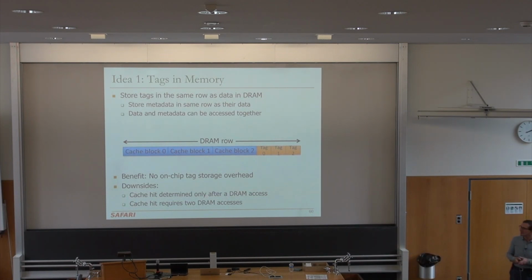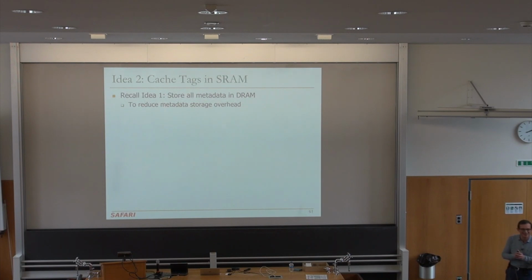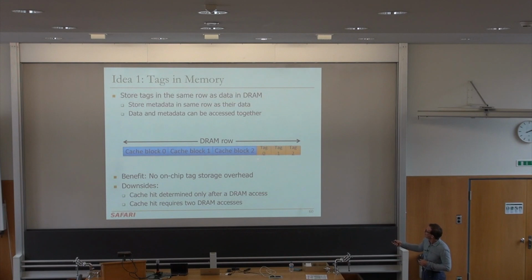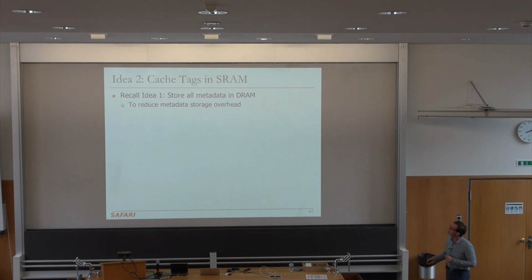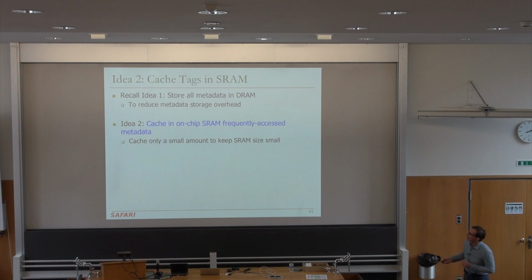How do you improve it? Well, caching. Basically, what you can do is you have these tags in DRAM, in memory. You can cache some of them. That was the first idea, tags in memory. But you can cache some of them in on-chip SRAM. So which ones do you cache?